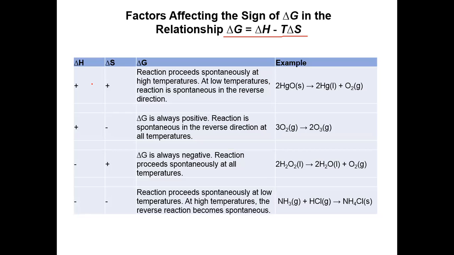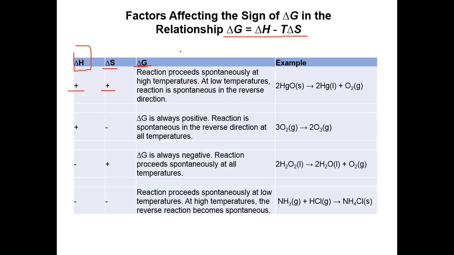For example, if delta H is positive and delta S is also positive, then it says over here what delta G is going to be, and what's going to happen in this situation. It says that the reaction proceeds spontaneously at high temperatures.